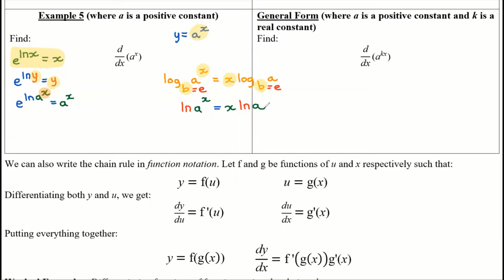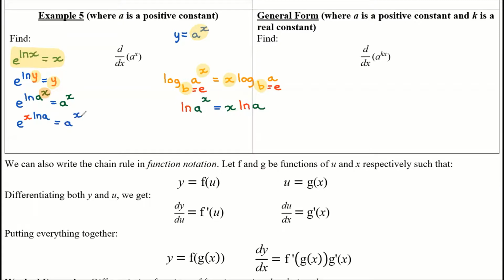So I can now replace what I've got on the left-hand side. I've now got e, and the x comes down to the front, so that's going to be e to the power of x ln a is equal to a to the power x.